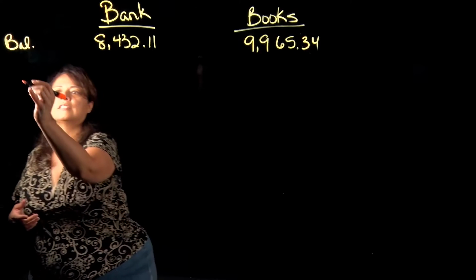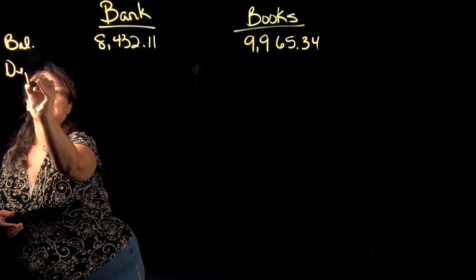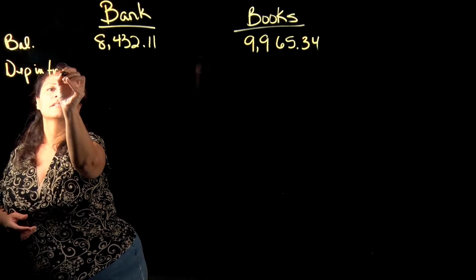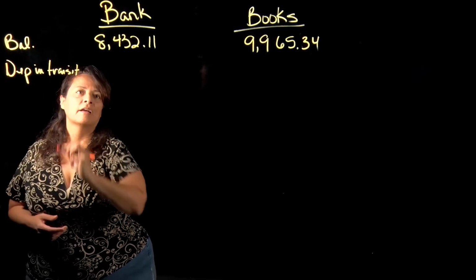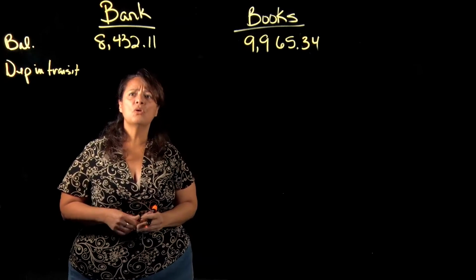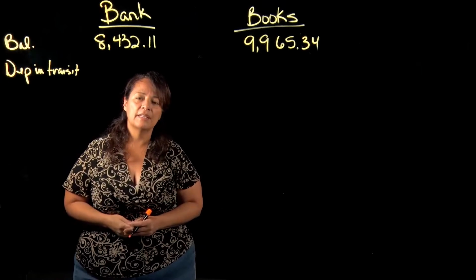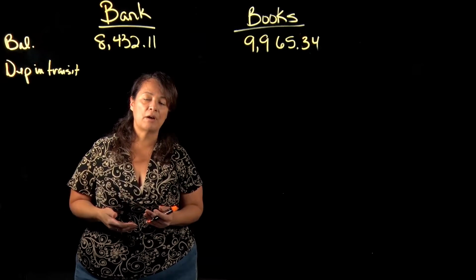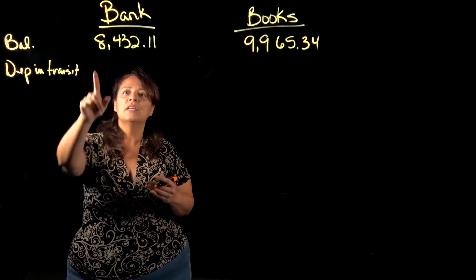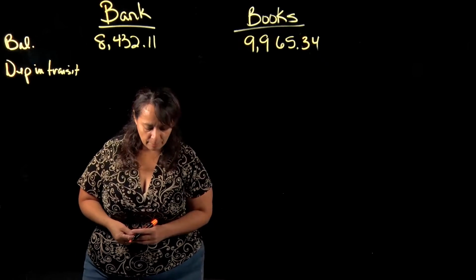So we call these deposits in transit. All right. So the company made the deposit, but the bank doesn't know about it because it happened after hours, but the money is at the bank. So we need to add to this bank balance.